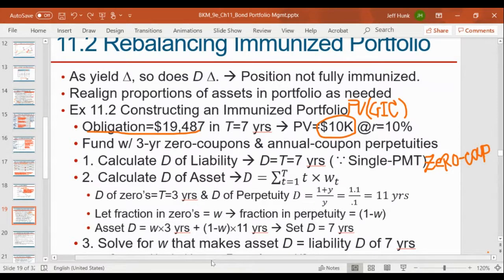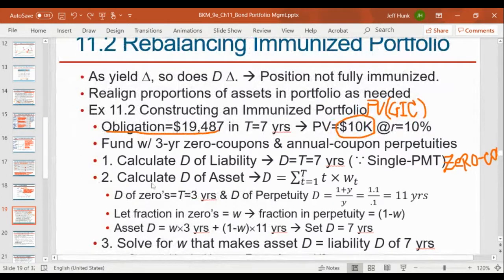Anyway, the point is, we then calculate the duration of the assets. Part of that is funded with 3-year zero coupons. So the duration of a zero coupon is the same as its maturity, 3 years.